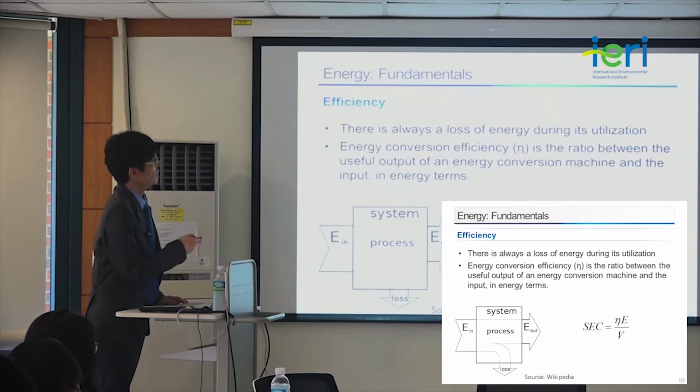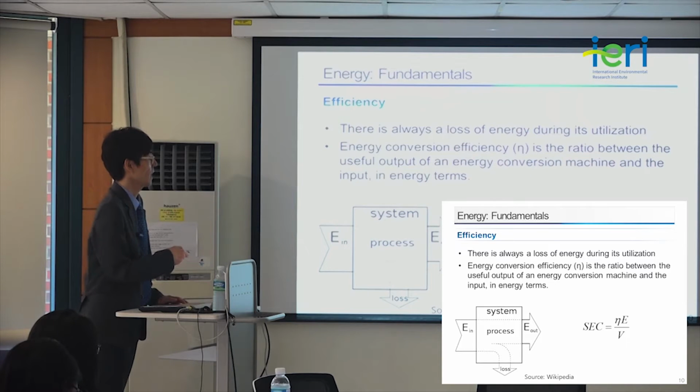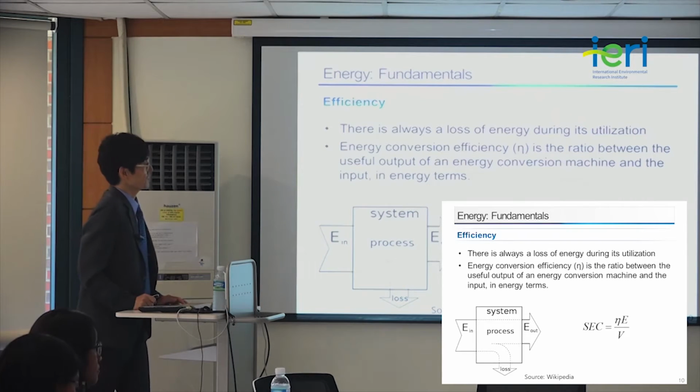The energy conversion efficiency is the ratio between the useful output of the energy conversion and the input. So if you apply energy, you get energy out, but there will be some loss of energy. By taking the ratio of this value and this value, that's the energy efficiency.